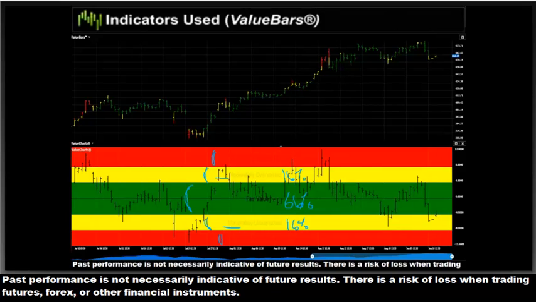In the extreme red valuation zones, prices are usually there very rarely, roughly 1 to 2.5% of the time combined. Now these percentages can vary slightly depending on the market you trade and the indicator settings that you use. But as you can see, prices tend to stay within fair value, but periodically they enter moderately and significantly over and undervalued levels.